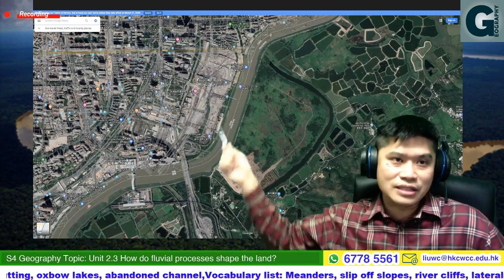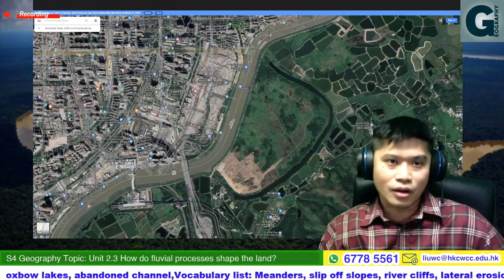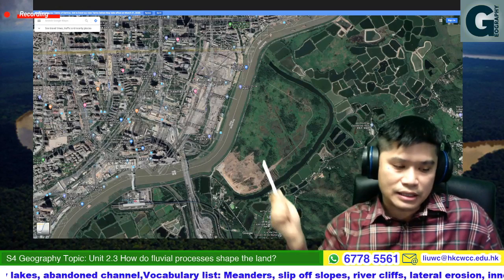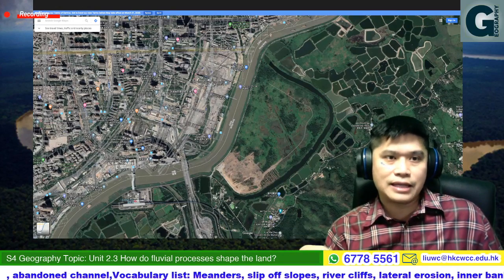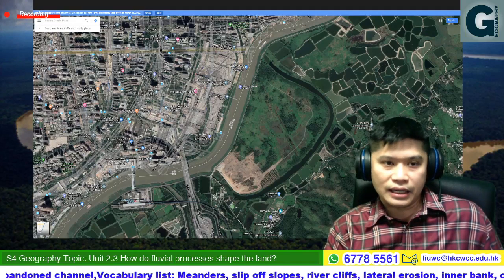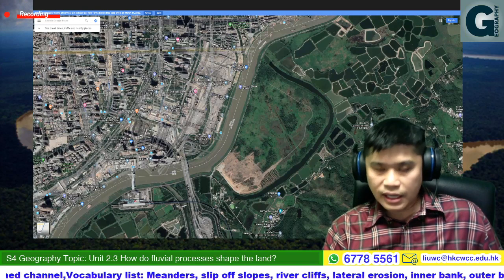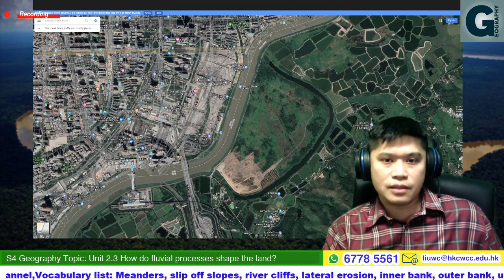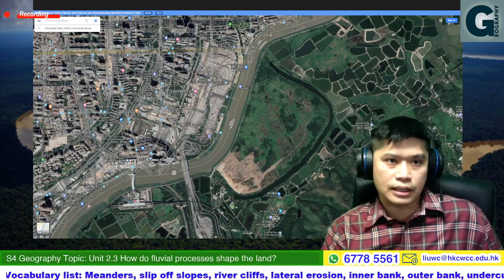For example, you can see here a straight river channel. Of course not natural. This channel is the result of channelization. 呢個係一個人工嘅河道化嚟嘅，呢個係河道化。咁做完河道化，咁點解做河道化呢？因為係為咗令到解決 so to prevent the problem of flooding. So therefore, channelization has been carried out.